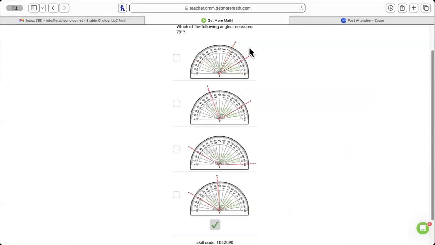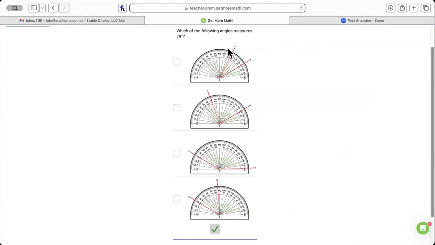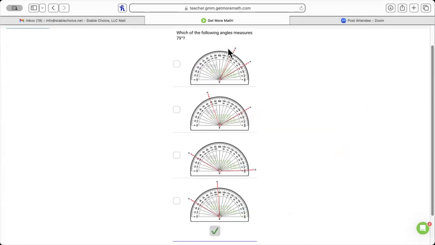Okay, so which of the following angles measures 79 degrees? So again, 79 means a little bit less than 90, right? Not very much, but a little bit less. So since we know that, I'm going to get rid of this one because that's an obtuse. And this one's way less, so that one will be out. So I'm down to these two, okay? And this one is from 30 to like 85.